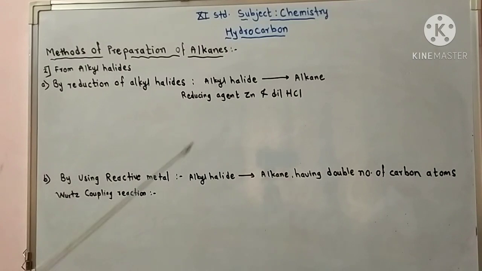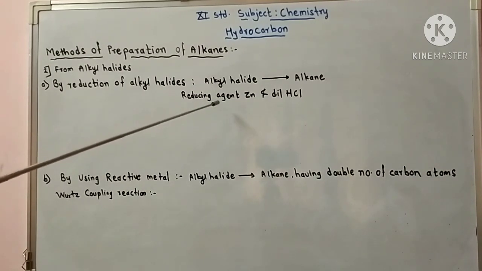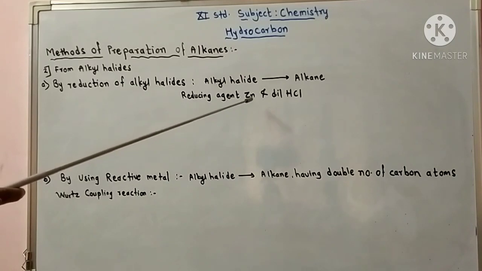Alkyl halide is converted to alkane. The reducing agent used is zinc and dilute hydrochloric acid. In this, nascent hydrogen is produced, which is responsible for the reduction of alkyl halide.